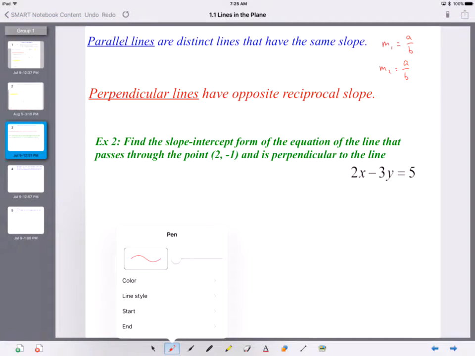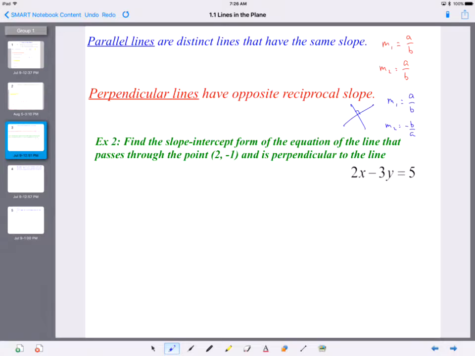Perpendicular lines, if you think about perpendicular lines, they form that right angle. One's positive and one's negative, so we know that perpendicular lines are going to be opposite each other, but they're not just opposite, they're opposite reciprocal. So if the first one is a over b, then the perpendicular slope is negative b over a.